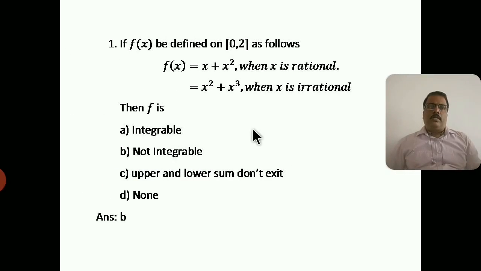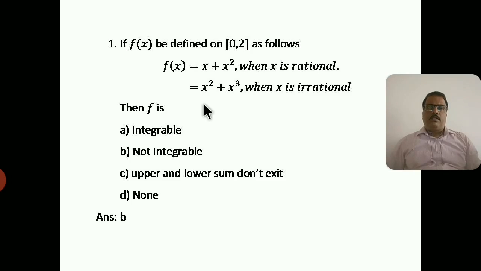Next we go to another problem. Here it is given: if f(x) is defined on the interval 0 to 2 as f(x) = x plus x squared when x is rational, and f(x) = x squared plus x cubed when x is irrational, then f is integrable, not integrable, upper and lower sums don't exist, or fourth, none.